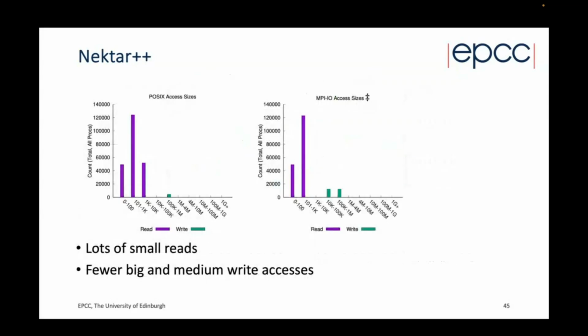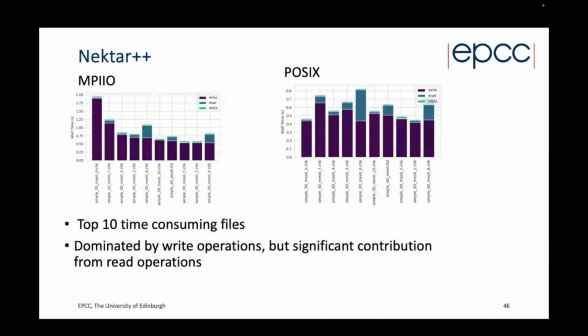So we can look at the access pattern, and you can see that there are a lot of small read operations and a few bigger write operations. So lots of small reads and a few big writes, likely happening at the MPI-IO level.